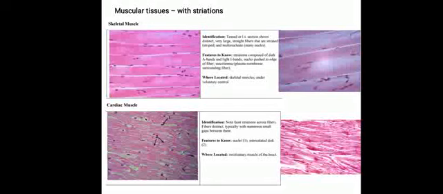I believe you still remember the plasma membrane, like a protective covering, like a shirt, protecting the particular cells. So the sarcolemma is what is there in skeletal muscles. Where they are located, they are under voluntary control.